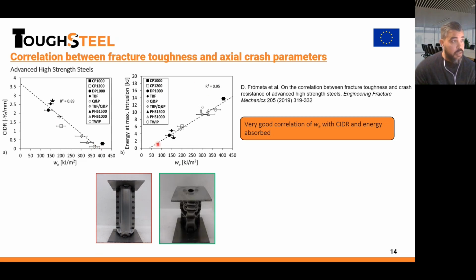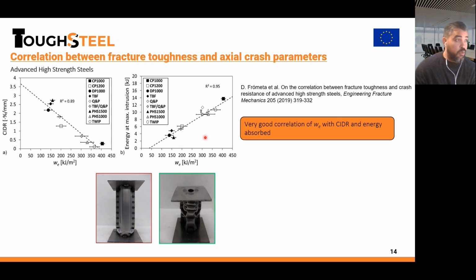Here on the right side, we have the same, but for the energy values observed, in this case the energy at maximum intrusion. This energy at maximum intrusion was defined for a very low crash index, around 20, where the test coupon was severely damaged. So that was the point that we selected to define the maximum energy absorption capacity of the test coupon.